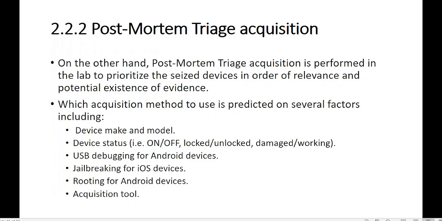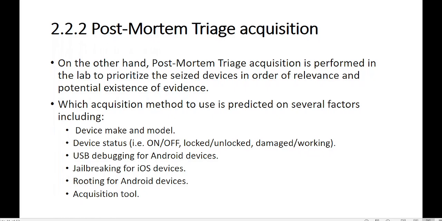Just the same way, when you go for post-mortem, you are dissected, they remove part of your body and so on. That is exactly what happens to the mobile phone. You use some kind of brute force way to get the data.